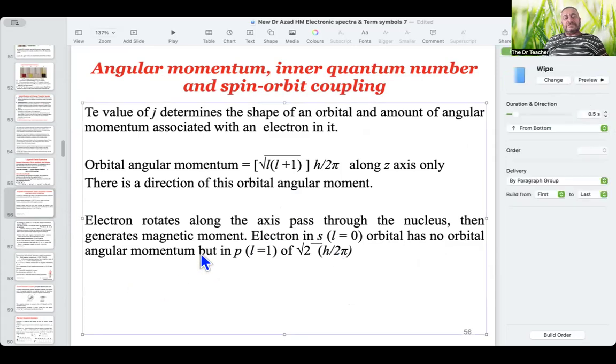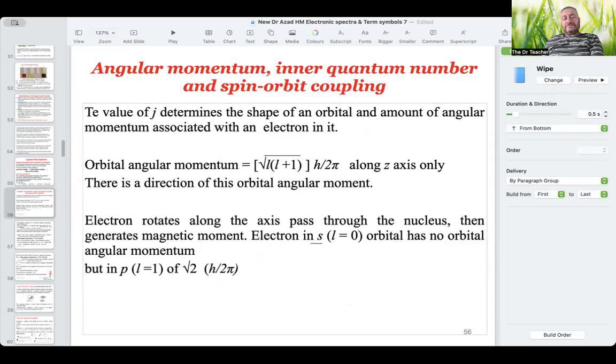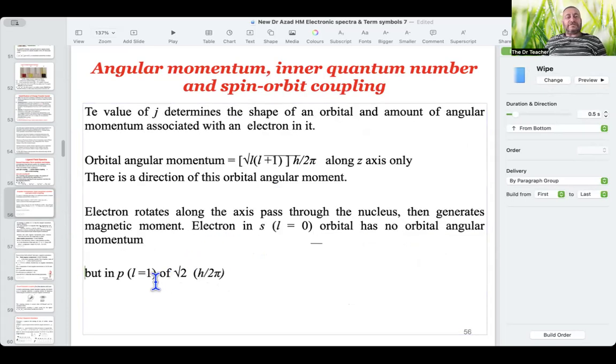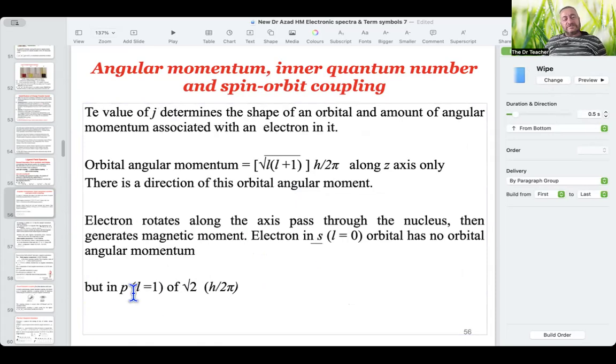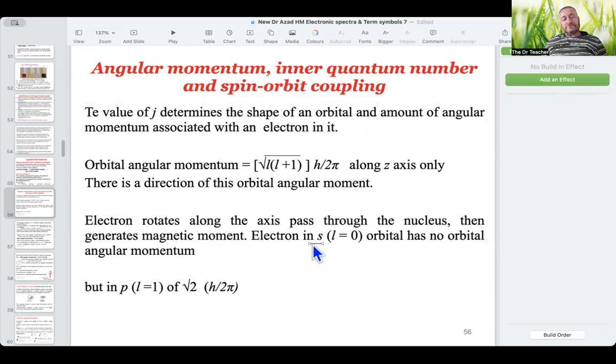But in P, we have L equals to 1, and then we have to put it in the equation, and we end up with 2 under the square root. If you put 1 instead of the L, you will end up with 2 under the square root.